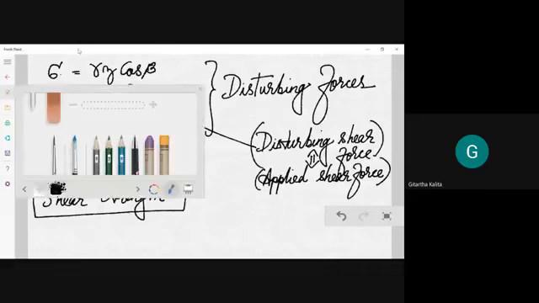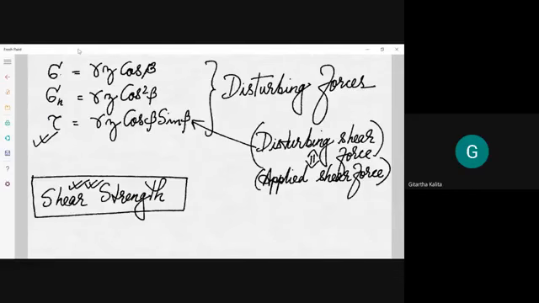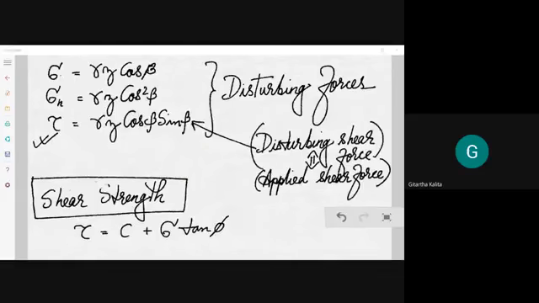Now for shear strength, there is one basic formula. That formula is shear is equal to C plus sigma tan phi.